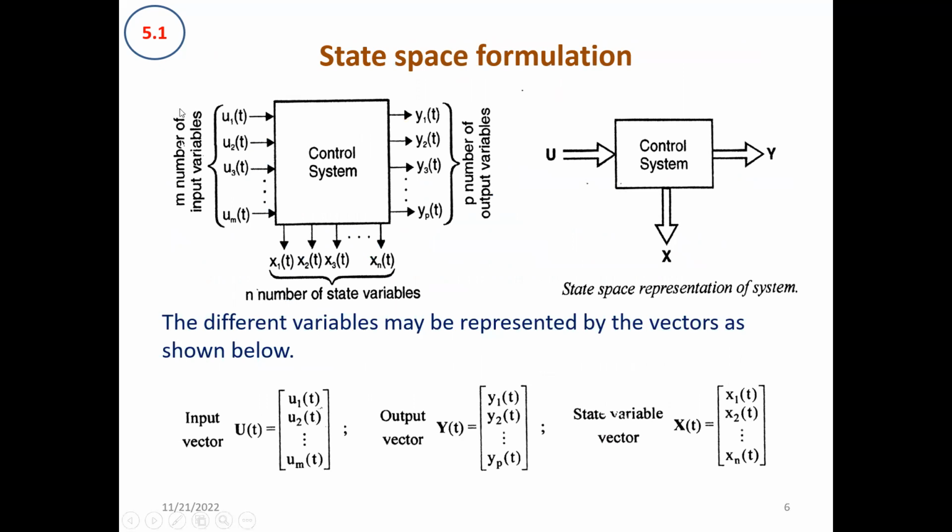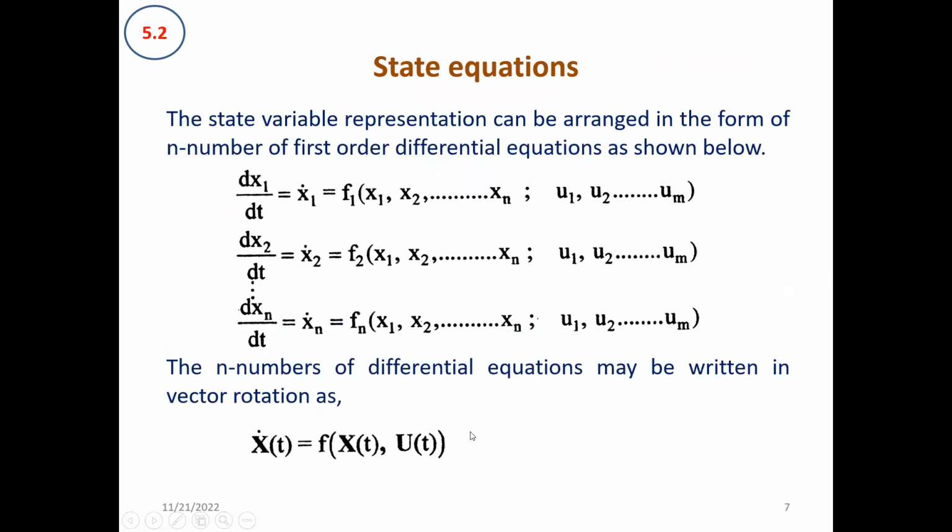u of t represents the input side, y of t represents the output side, and here x1 of t, x2 of t are the state variables, where the state representation has u as input, y as output, and x as state variable. This is a vector format where we can have the input vector, output vector, and state variable vector.